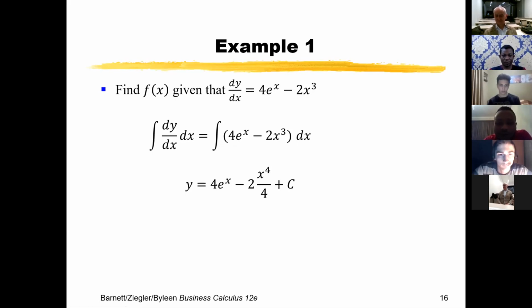Derivative of e to power x, it's again e to power x.